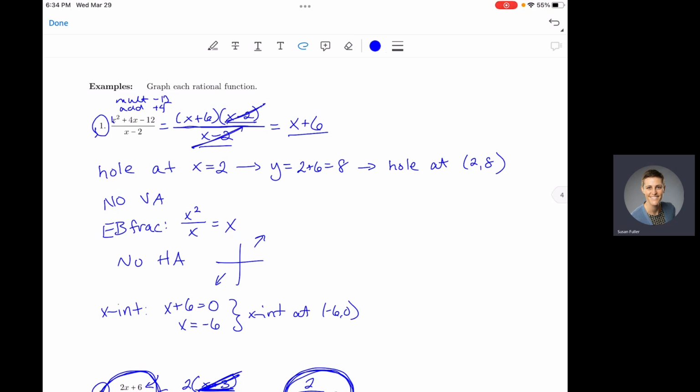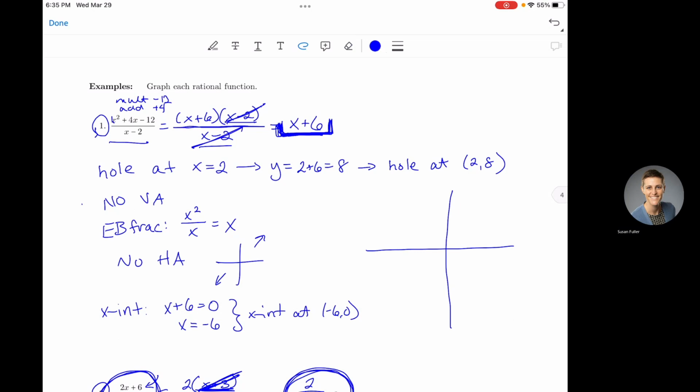Because our x minus 2's canceled and we had a line left, y equals x plus 6, the graph of what we started with is going to look exactly like the graph of y equals x plus 6, which is a line, but with a hole. That's why I don't have any vertical asymptotes or horizontal asymptotes, because this is actually going to look just like the line y equals x plus 6, but with a hole at 2, 8.